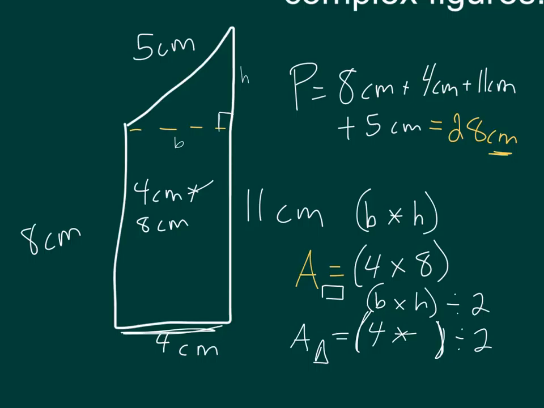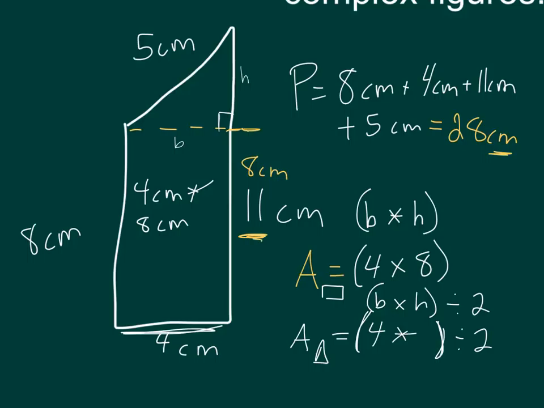Well, I don't have a height there, but I do have some other information. I know that this whole thing is 11 centimeters. And I know that this yellow line right here goes up to 8 centimeters. So from here to here must be 8 centimeters. So I'm going to put a little line right here. I say that this is 8 centimeters. And the total length of this line segment, or this side, is 11 centimeters.